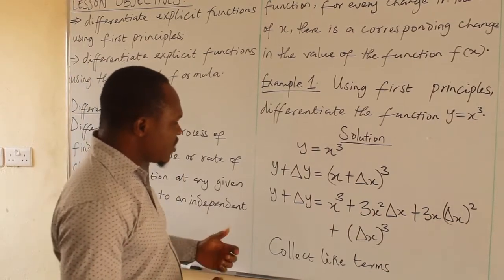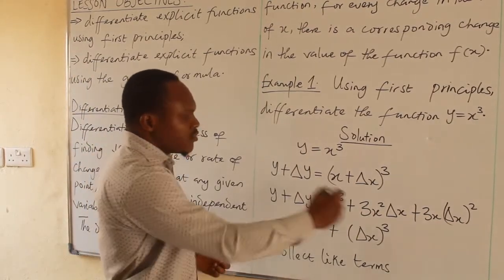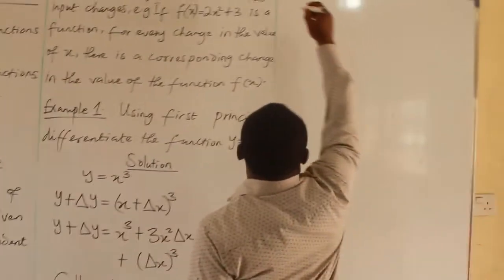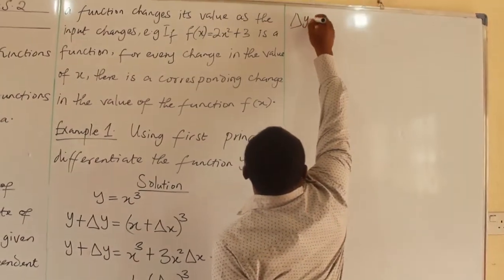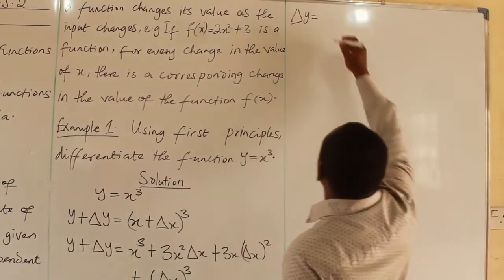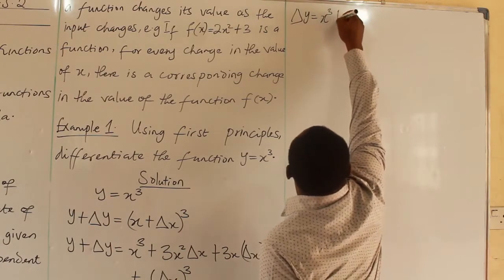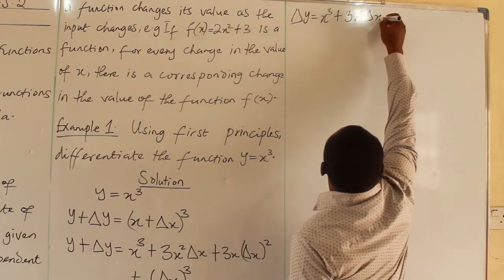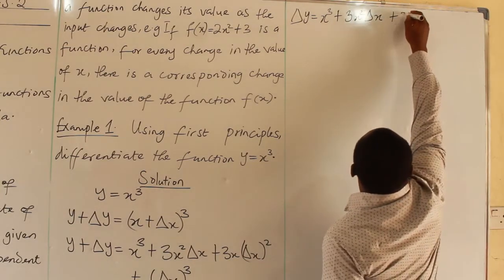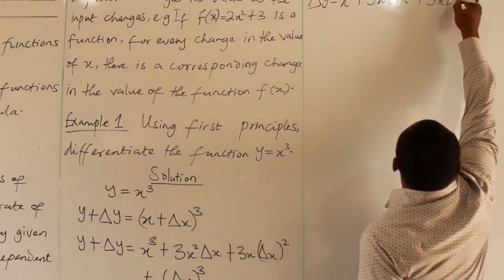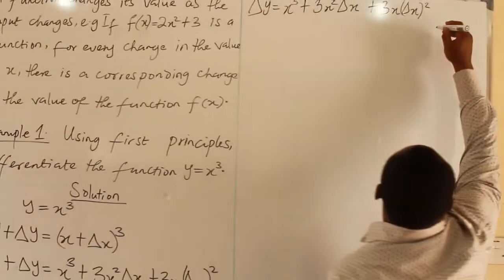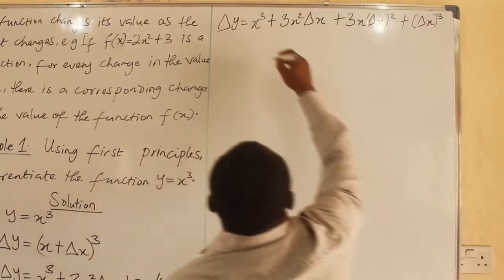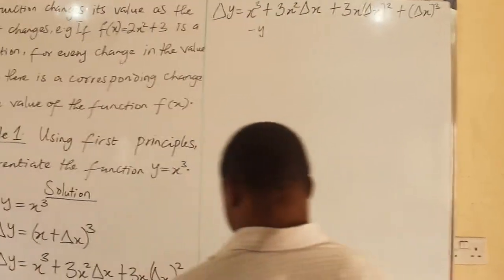That means we are going to move y to the right hand side, and delta y will now be equal to x cubed plus 3x squared delta x plus 3x delta x all squared plus delta x all cubed minus y.